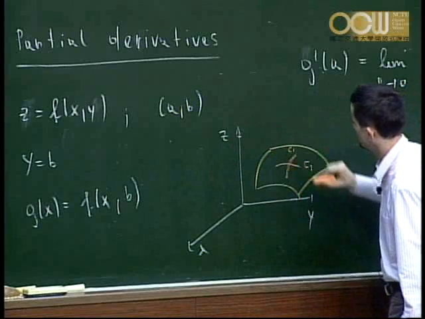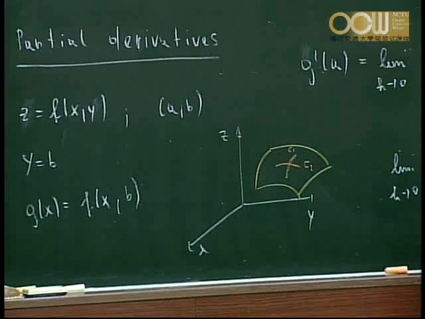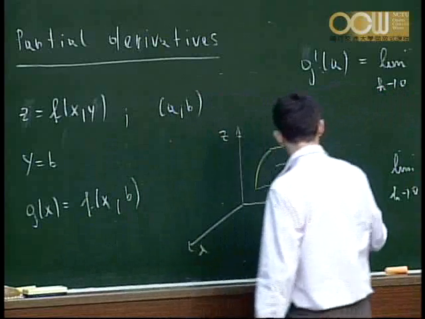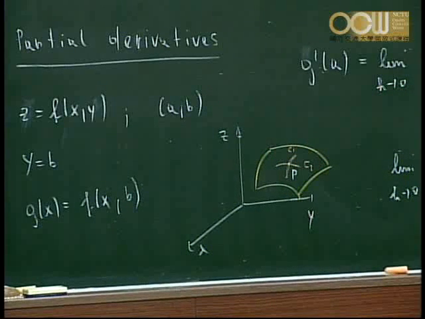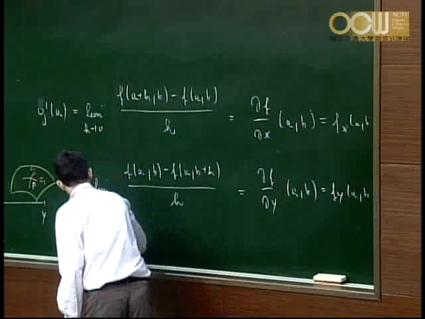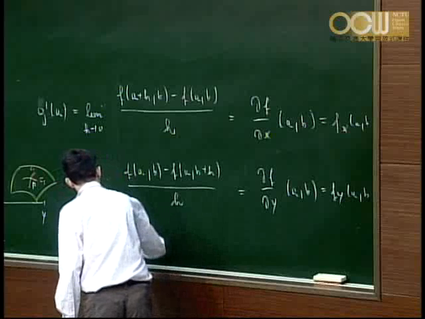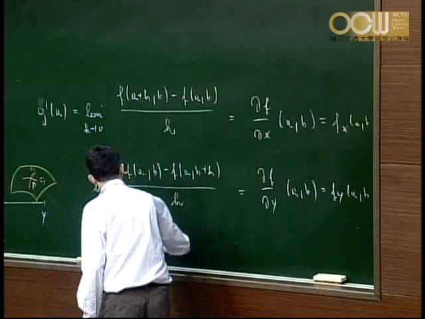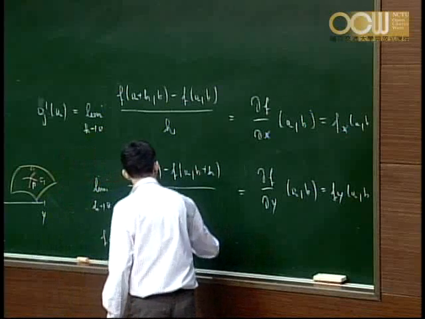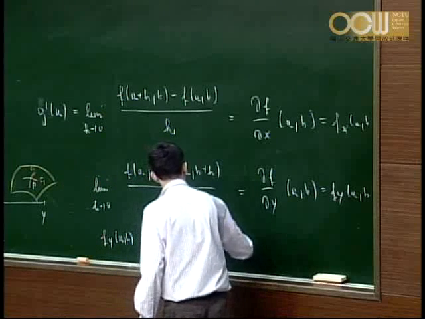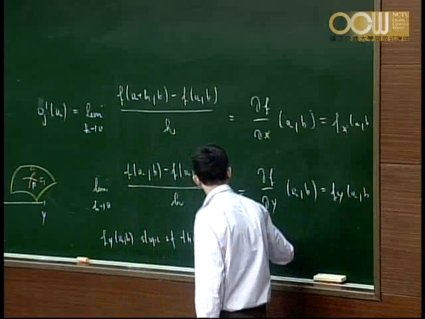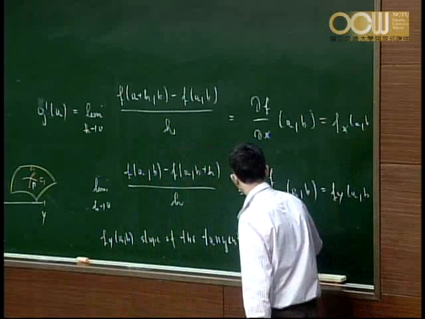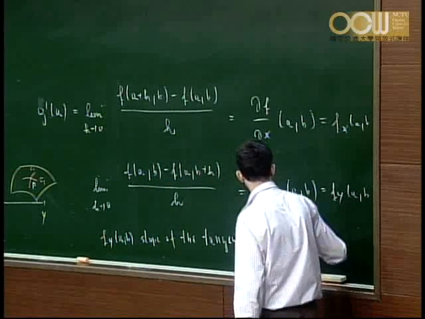So this is C1, and this is the point P. So you can interpret this as the slope of the tangent to C2 at P.